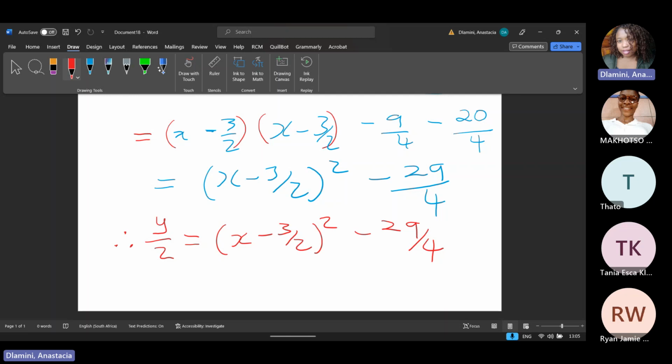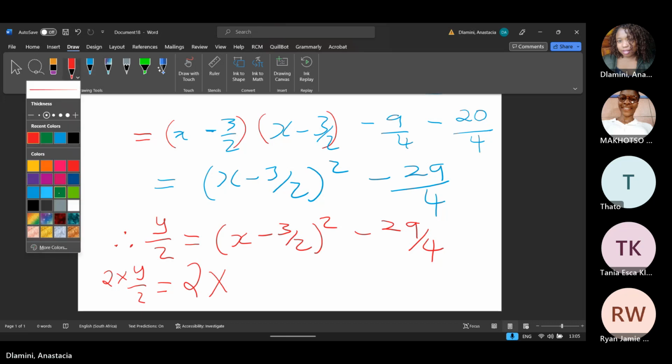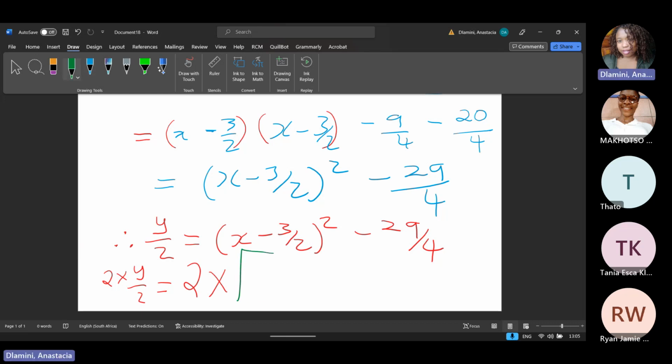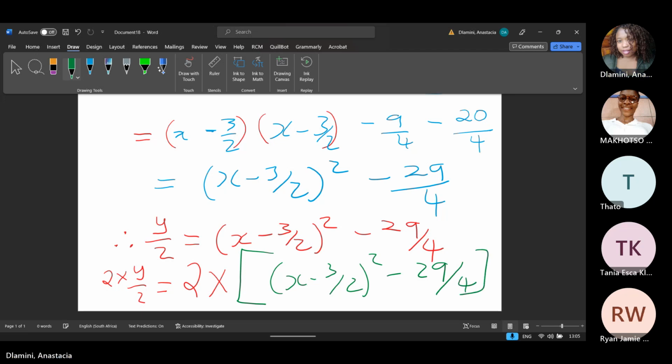So here you need to be careful. You say 2 times y/2 equals 2 times this whole thing inside, x minus 3/2 squared minus 29/4. Remember, you might get a wrong answer because of this, so you multiply the whole 2 inside.